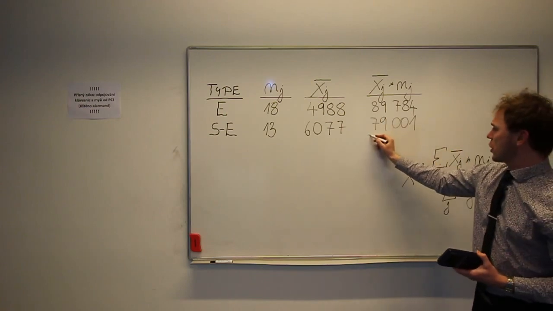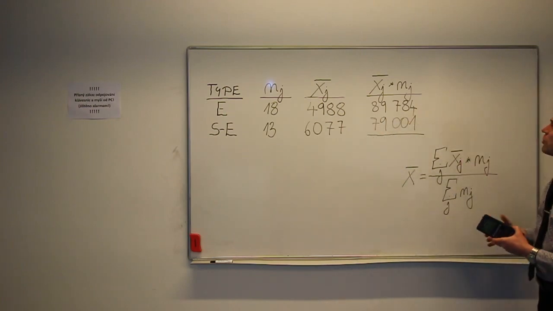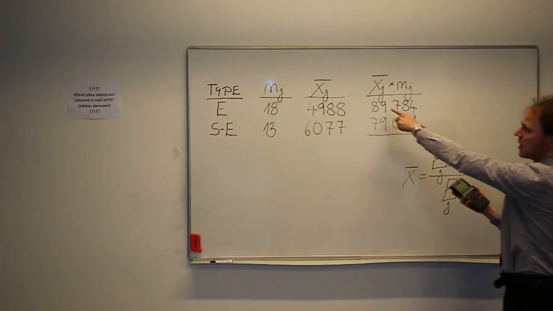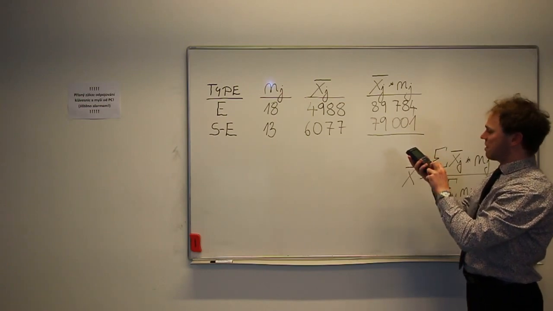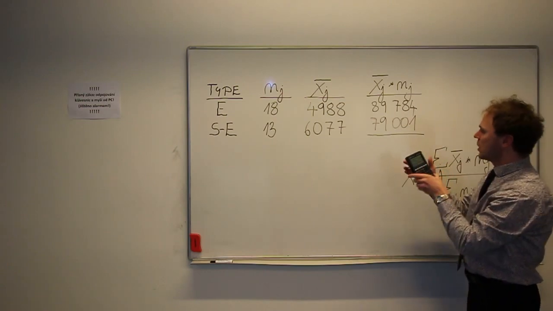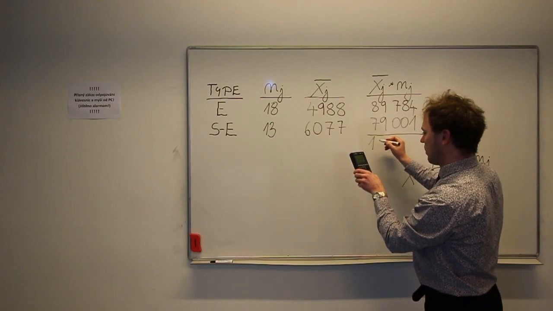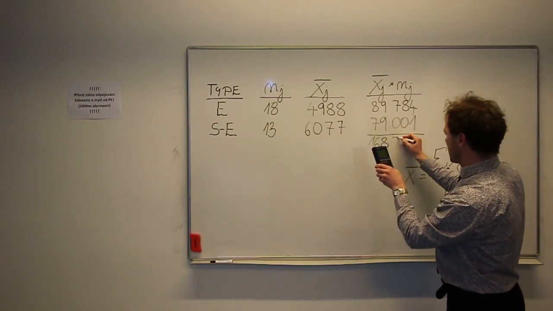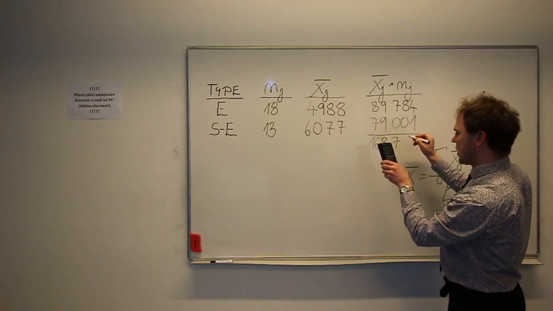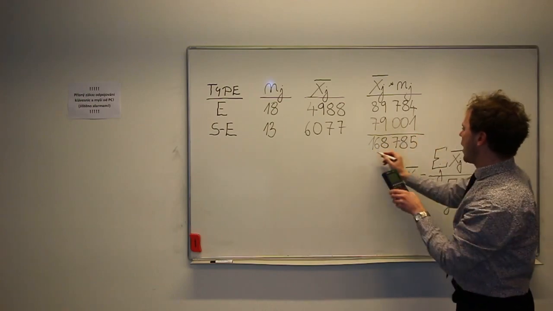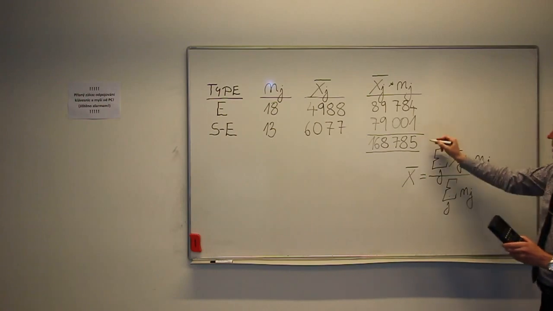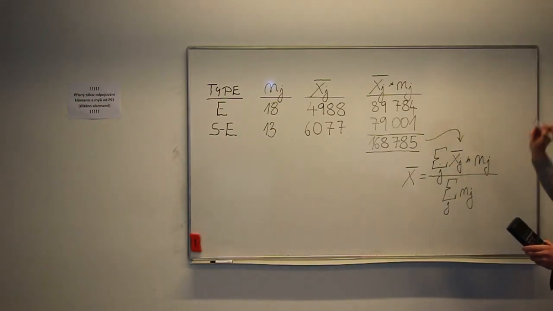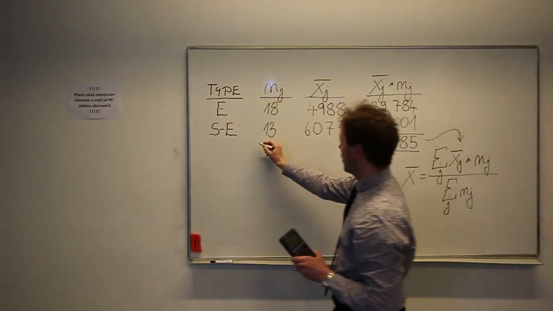Okay, summation of these two values, plus 89,784, enter. So 168,785. So this is the numerator.